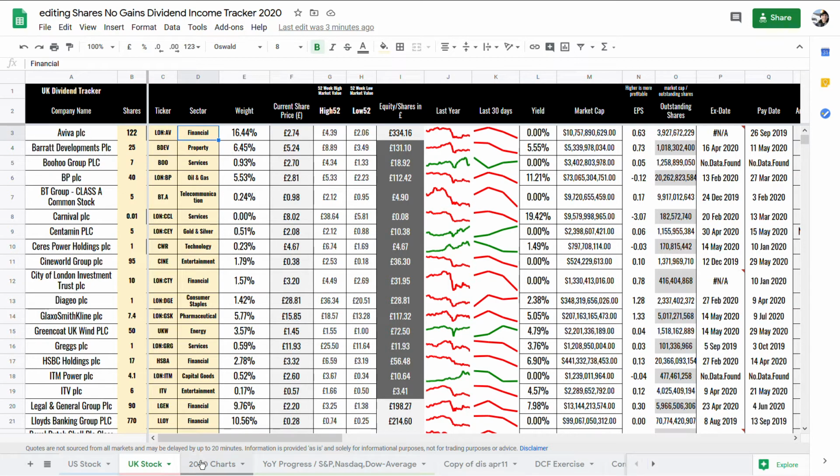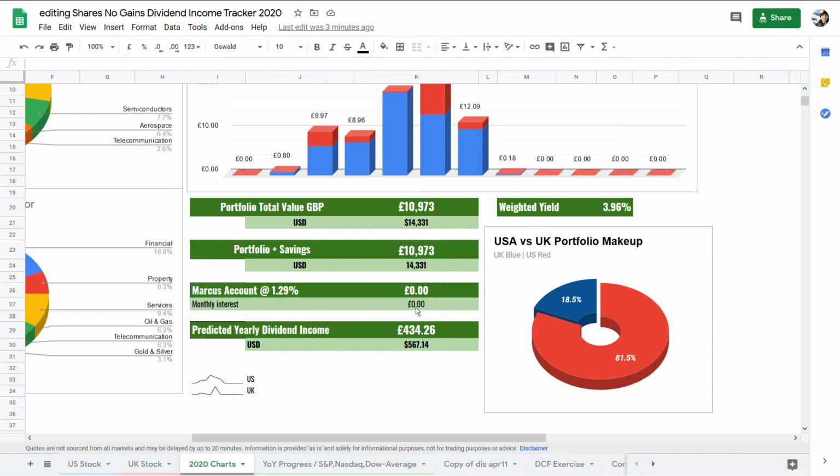And the other columns, so going here, I go to my 2020 charts, so I can see the makeup of my portfolio. So I have £2,000 in UK stocks, and that's 18.5% of my portfolio. The rest, almost £9,000, is 81%, and this is all in US stocks.